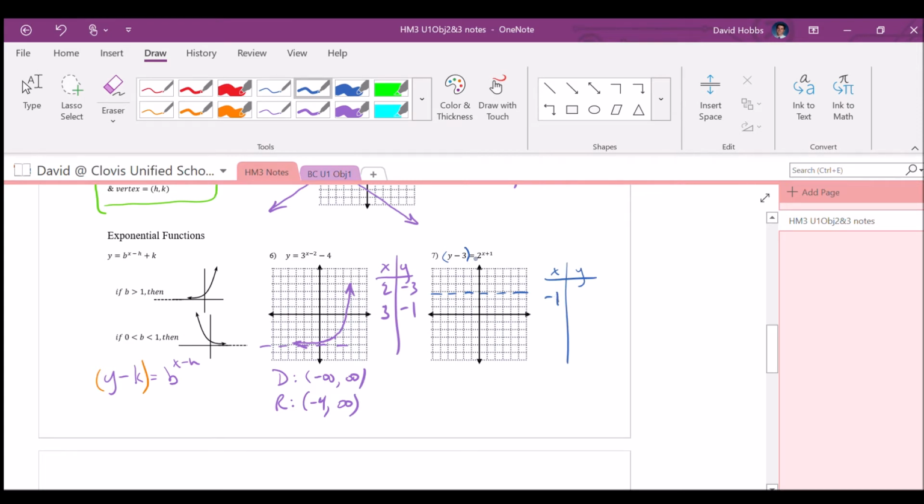So if I plug in a -1, I get 2 to the 0, which is 1. 2 to the 0, 1 plus 3 is 4. So 1, 4.